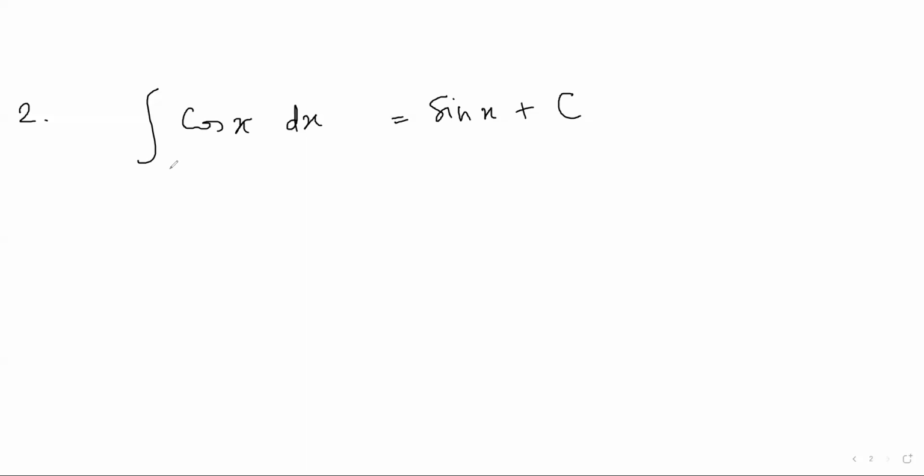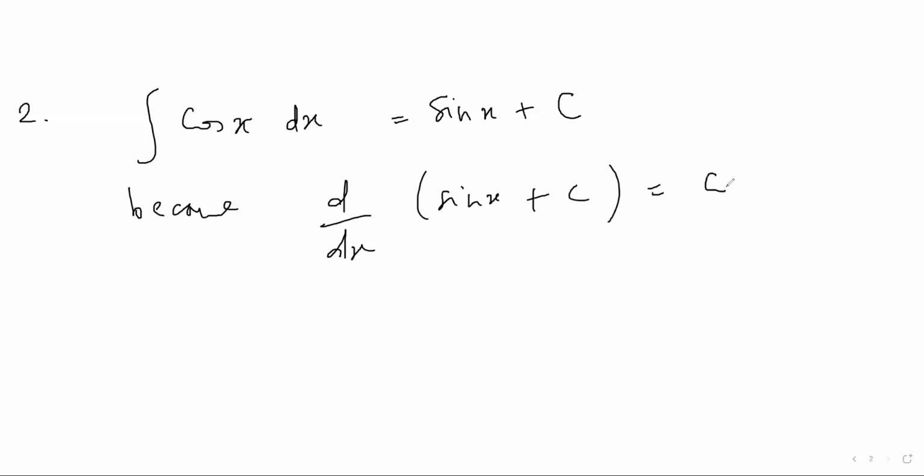Okay, so the integral of cos x with respect to x is equal to sine x plus c, because when we differentiate sine x plus c, we definitely get cos x.